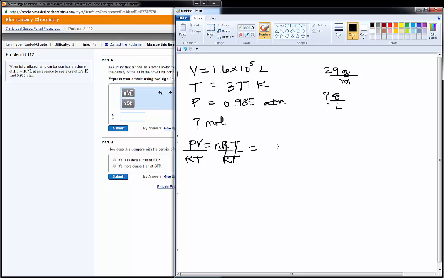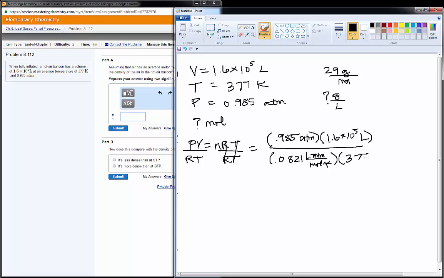So N equals PV over RT, so that would be 0.985 atmospheres times 1.6 times 10 to the 5th liters divided by 0.0821 liter atmospheres per mole K, and 377 K. So atmospheres divided by atmospheres cancels, liters cancel, kelvins cancel, and moles go on top.